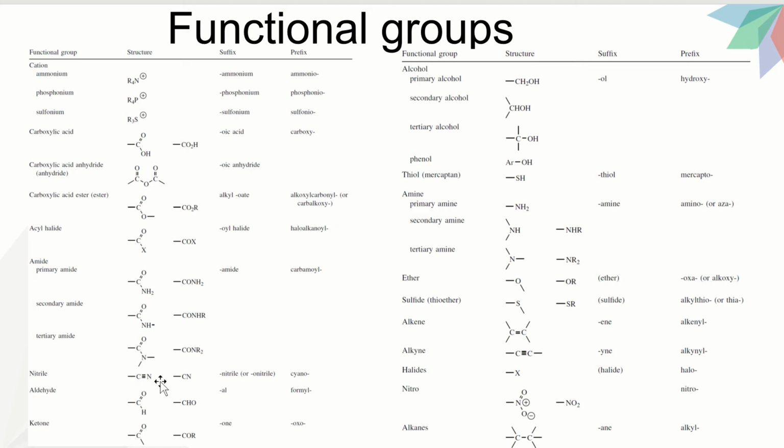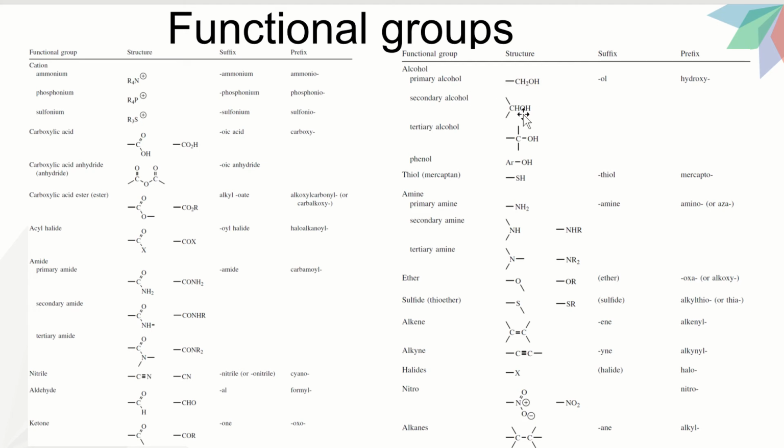We know about our nitrile, aldehydes, ketones, and alcohols, and the alcohols can be subdivided into primary, secondary, and tertiary again. For the primary alcohol, there are 2 hydrogens attached.